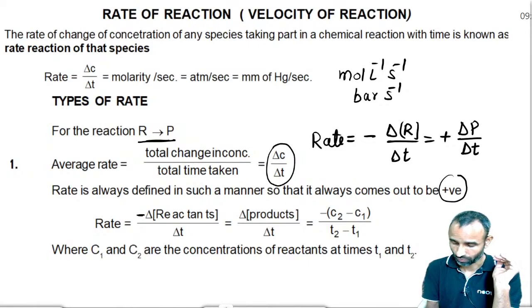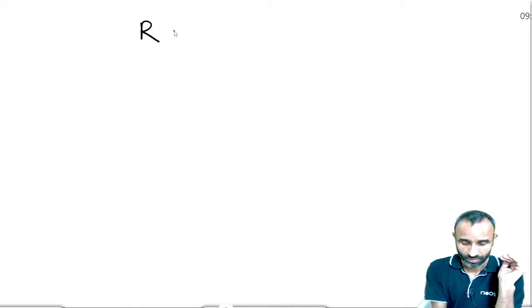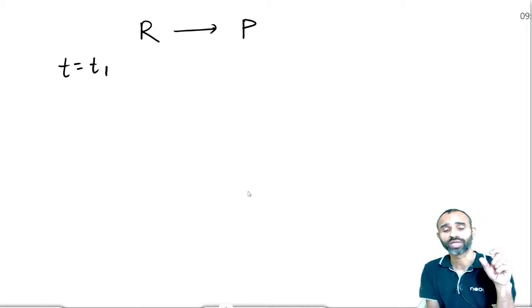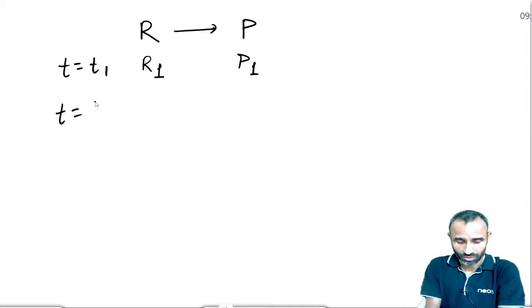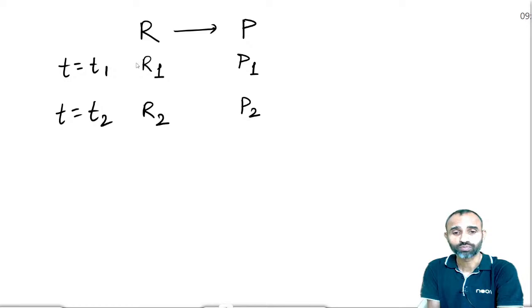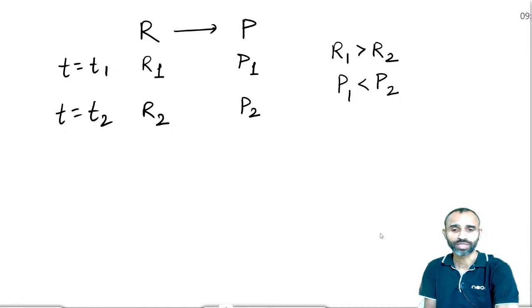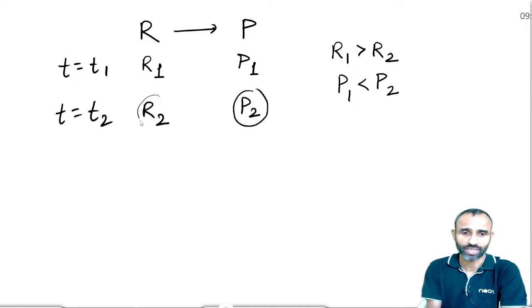Because you know, when we have reactant to product, at initial time, let us say T1, concentration of reactant is R1 and concentration of product is P1. So at time T2, concentration of reactant is R2 and product is P2, and R1 is always greater than R2 and P1 is always less than P2, because product is increasing, reactant is decreasing.